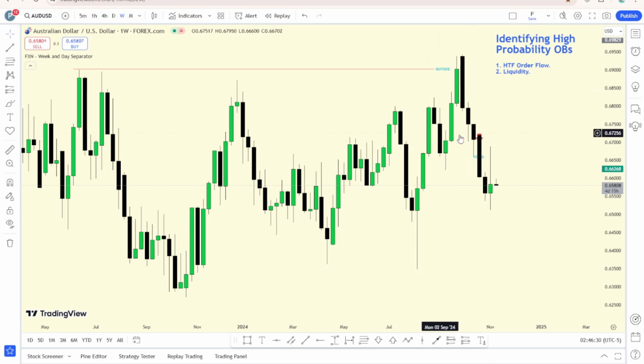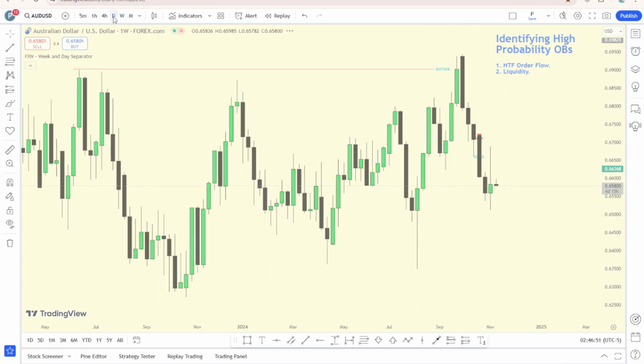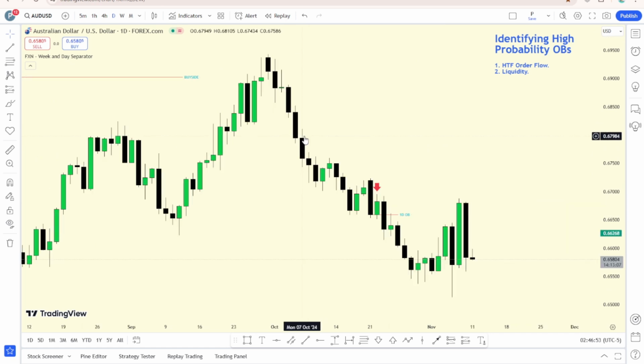Essentially, on this move lower on the weekly chart, because we are now bearish on the weekly chart, anything on the daily chart that is created as a bearish order block should support prices lower, because the market has already indicated bearishness and we have taken out buy side liquidity. So we're definitely going for sell side liquidity. When you go back to the daily chart, you can see that buy side liquidity was taken out on the weekly chart, and then the market started dropping lower.